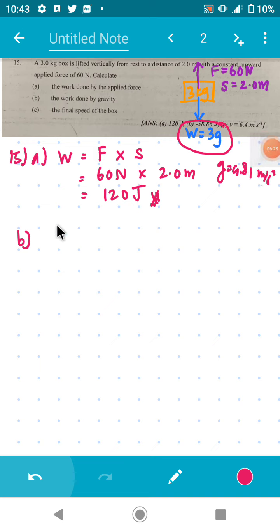Work done by gravity equals the weight force times the displacement. The weight force is in the negative direction, so W equals m times g times s.